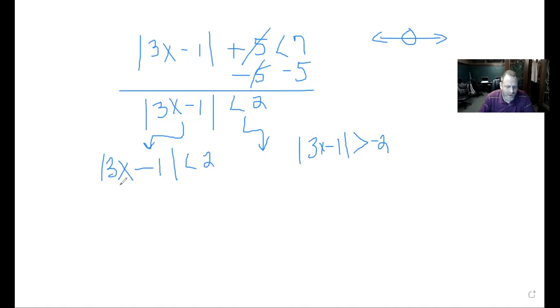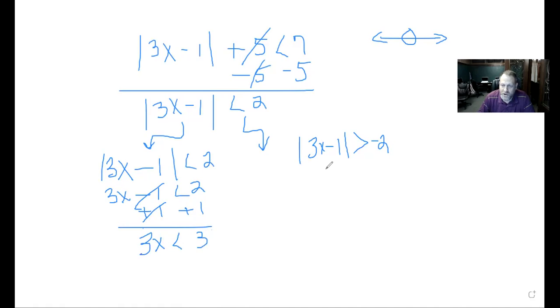All right, now let's take these out of the brackets. Okay, and do your plus 1 here, your plus 1 there. Cancel, cancel. All right, 3x and 2 plus 1 is 3. So 3x is less than 3.